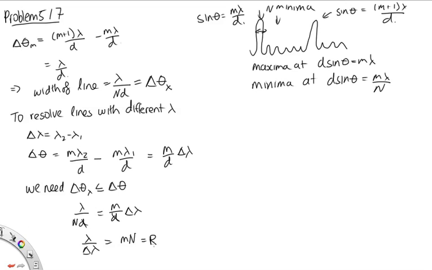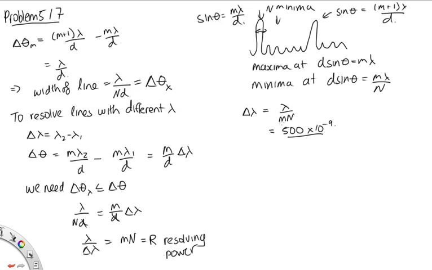And sometimes this is written as R, which is the resolving power or resolution of the diffraction grating. So now we've got that equation, which is also given on your formula sheet. The resolving power is Nm. Now we can use it to work out the minimum wavelength separation. So we can write delta lambda is equal to lambda over mN, and just substituting in, we're told that the wavelength is 500 nanometers, so 500 times 10 to the minus 9.